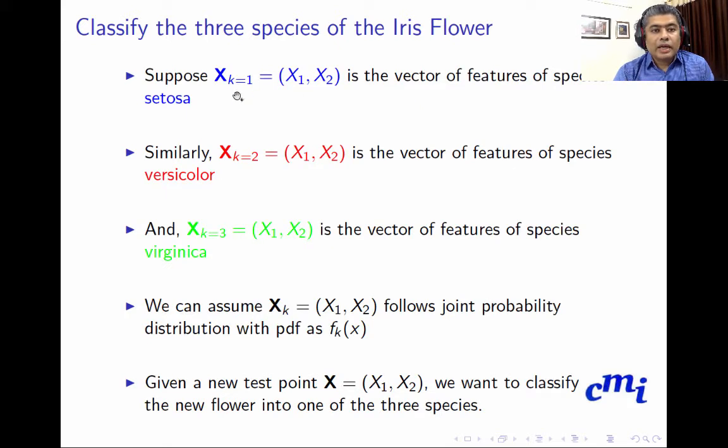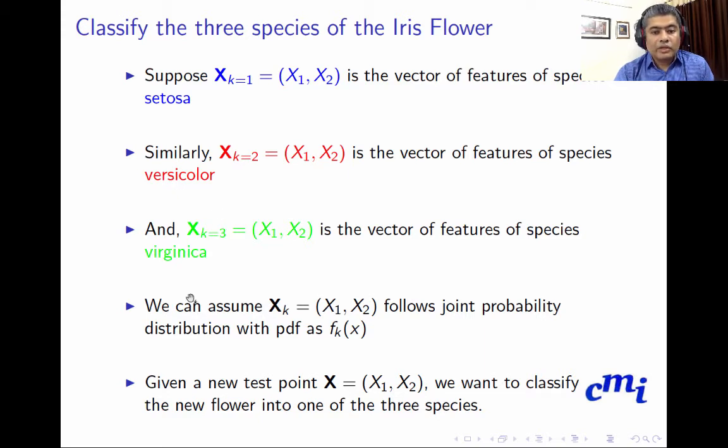Suppose x given k equal to 1, x = (x1, x2), that is sepal length and sepal width, is a vector of features of the species setosa that we marked with blue. Similarly, k equal to 2 stands for versicolor and k equal to 3 stands for virginica.